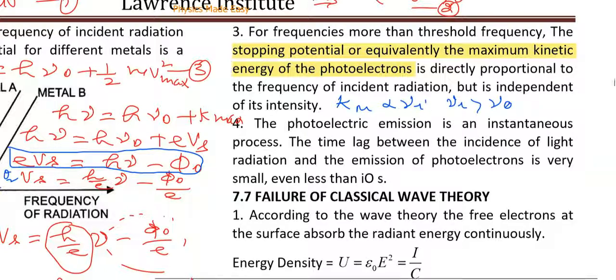Photoelectric emission is an instantaneous process: as soon as the incident light falls on the photosensitive material, electrons are emitted within nanoseconds. So with this, the laws of photoelectric emission are complete, and our lecture is complete.